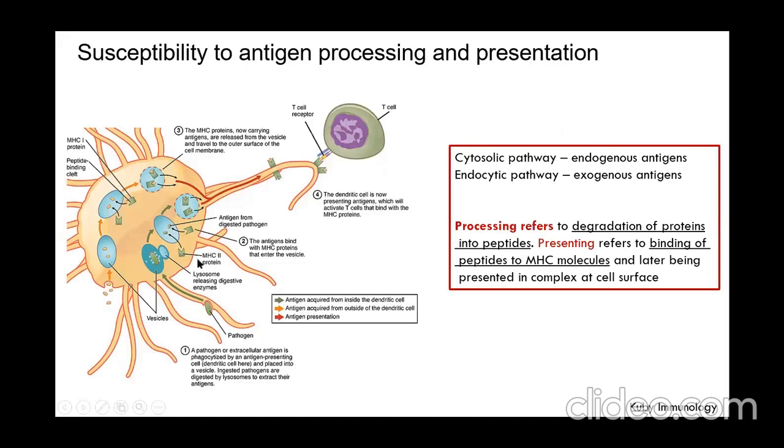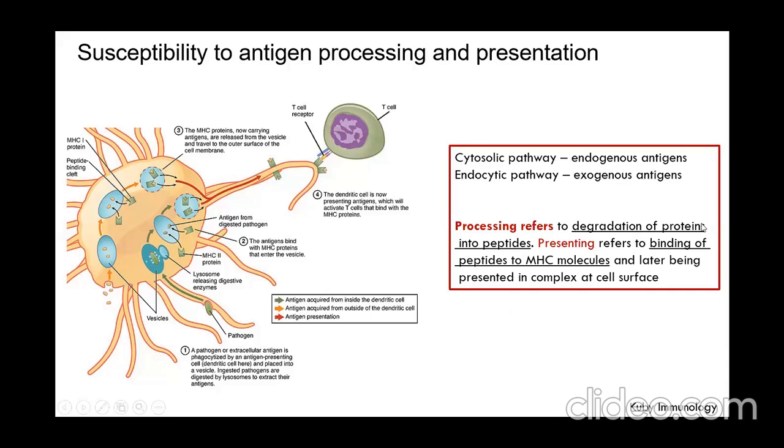We looked previously that for a pathogen, you break it down through lysosomes, and mainly MHC class 2 binds it. That is called the endocytic pathway for exogenous antigens. Endogenous antigens follow the cytosolic pathway, where they are directly absorbed but need to be broken down. That is the fundamental difference.